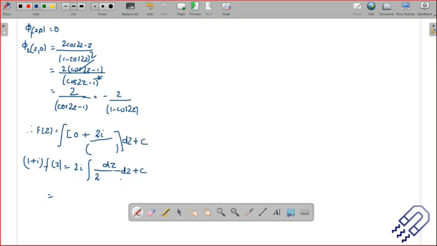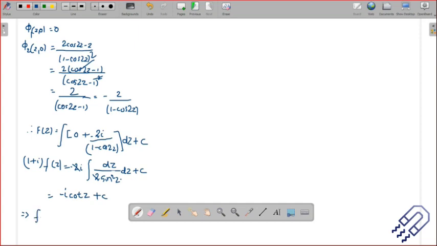You can do it anyway, like minus, and then 1 minus cos of 2z, take a minus here, this would be 2 sine square z plus c. So this would be minus of 2I, so 2 will get cancelled obviously, so it will be just minus of I, and dz divided by sine square z is nothing but cosec square z. If you take the integration of cosec square z, it should be cot z, so it should be cot z plus c.